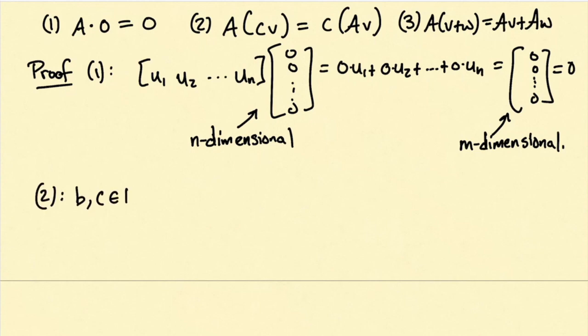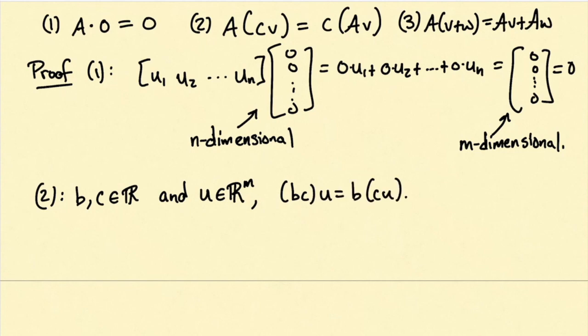For number 2, we just need to remember that multiplying the numbers b and c together, then scaling u by the result, is the same thing as scaling u by the scalar c, then scaling the result of that by b. So now, to show that A multiplied by cv is the same thing as c times A multiplied by v, we simply need to do what's usually called a definition chase.